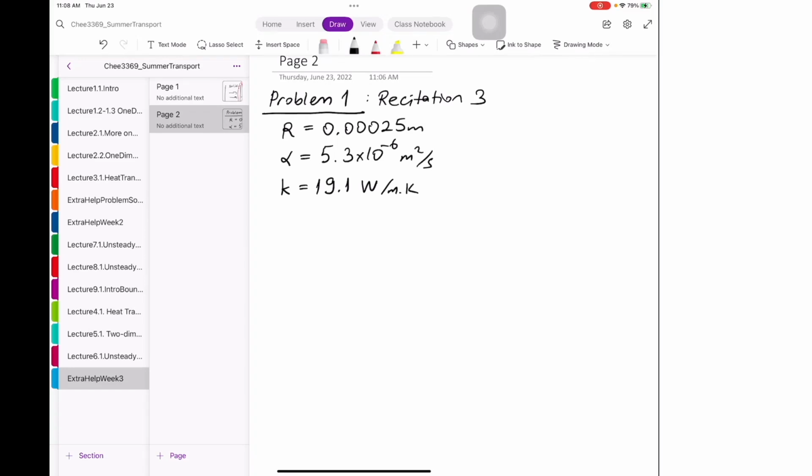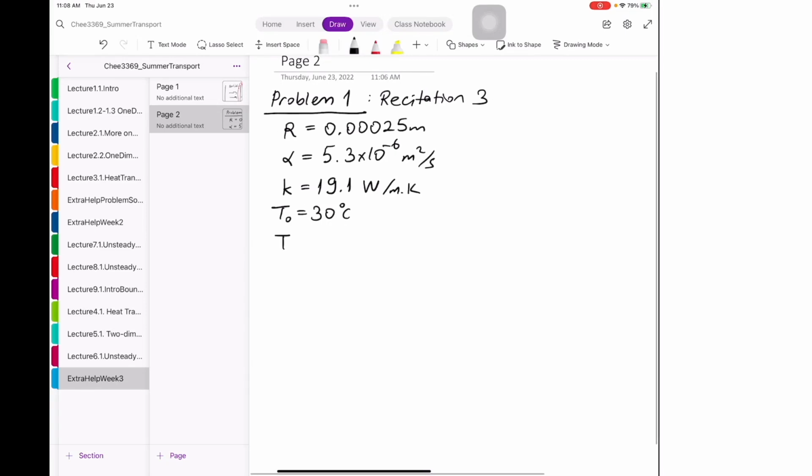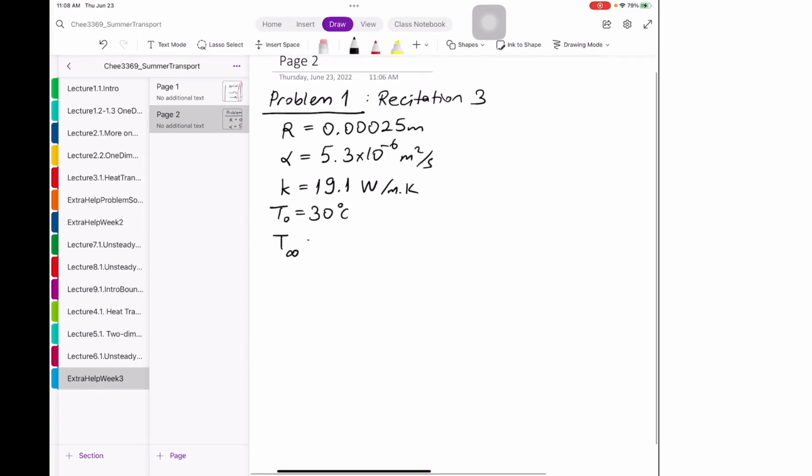The probe initially at 30 degrees centigrade, so T0 is given as 30 degrees centigrade, and is placed in a fluid at 600 centigrade to measure the temperature of the fluid.